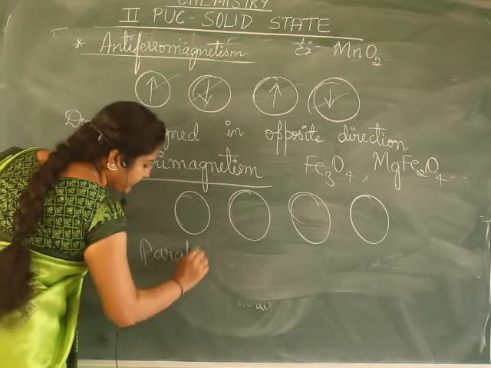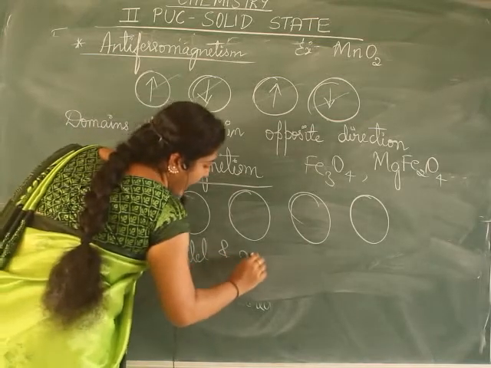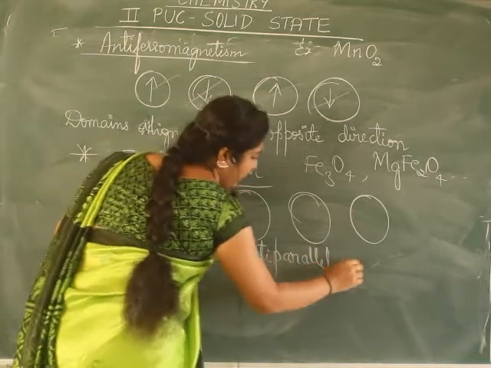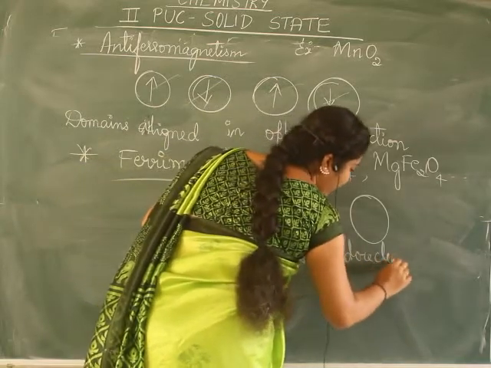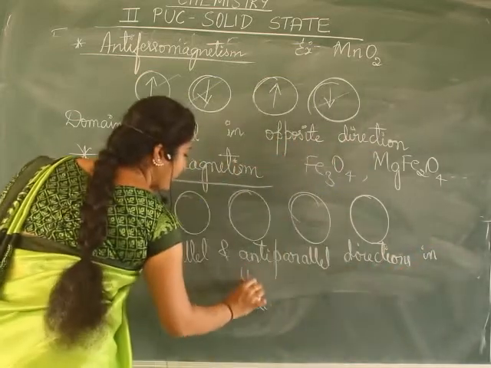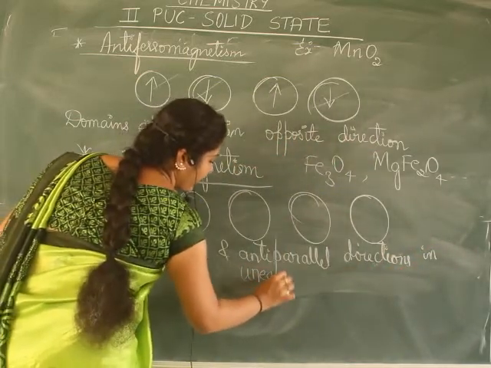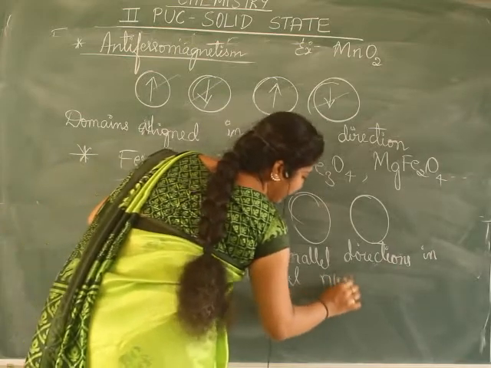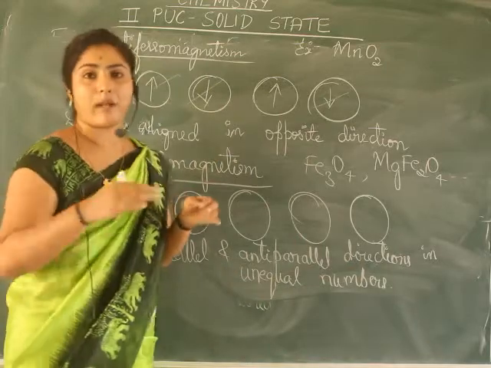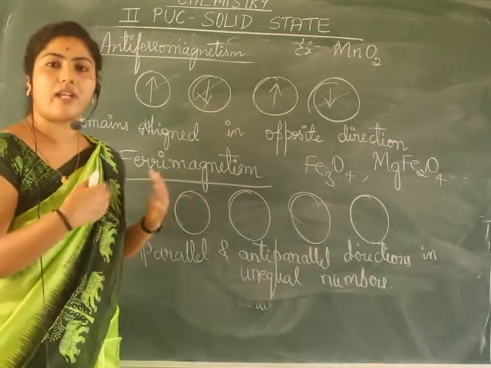in unequal numbers. That is important. Here, see how it was: in equal numbers, the alignment we could see was in opposite directions.